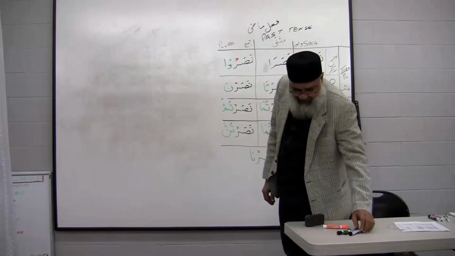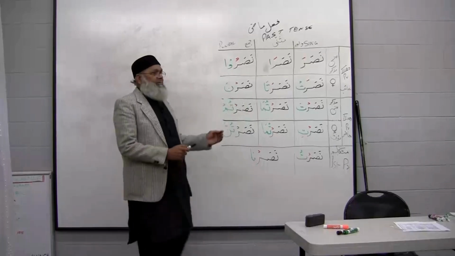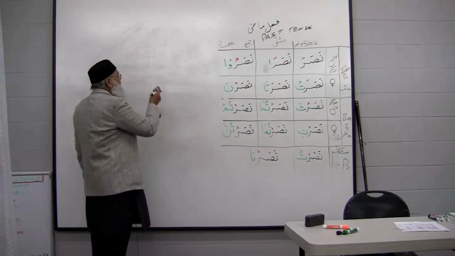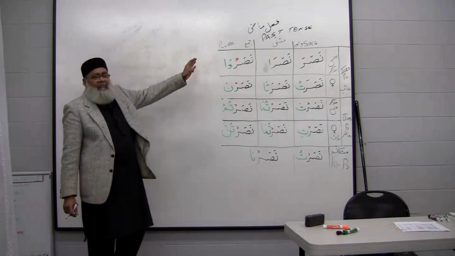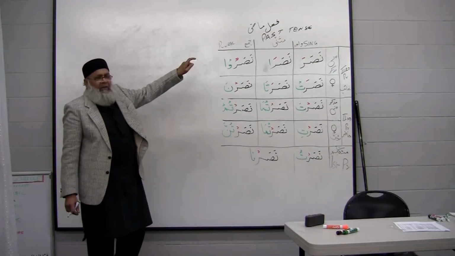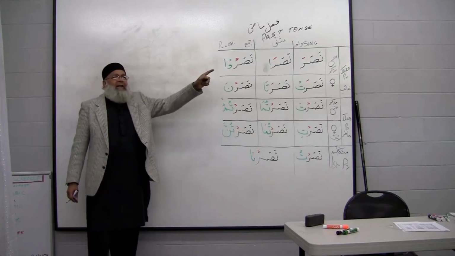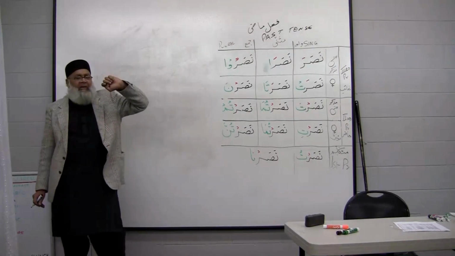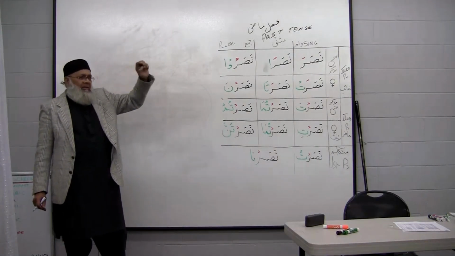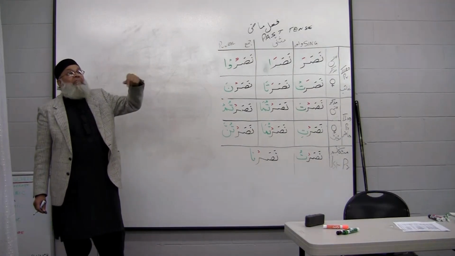Now, there are others also where you can have nasab. One is this one. All these in grammar are called maf'ul. The one in ism, that is the victim of inna, anna, kanna, or the victim of kana or ma, they are not called maf'ul in Arabic grammar. I don't agree with this, but most of the books will write like that. Better is to call all of them mansoob.